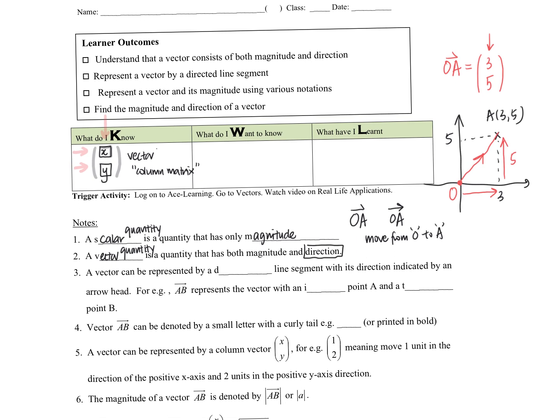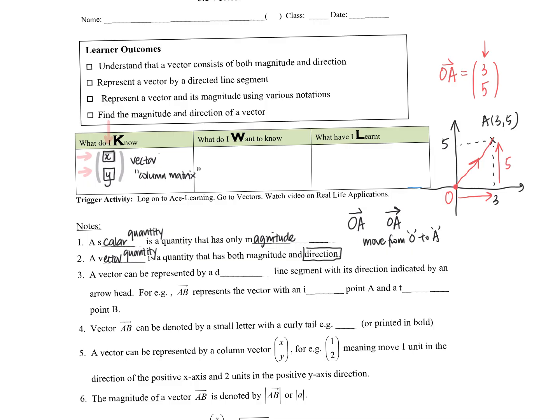So if I have another point B, maybe here, I say it's minus 2, minus 1. So this is point B, negative 2, negative 1. If I want to write the vector OB, I'm moving from O to B now.